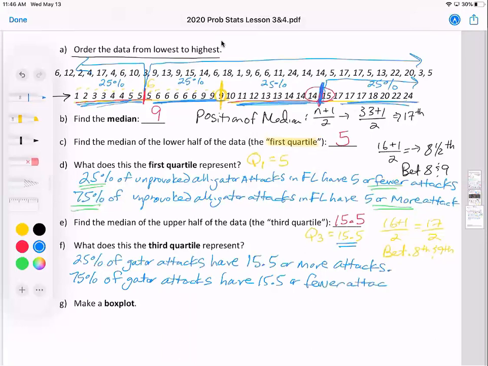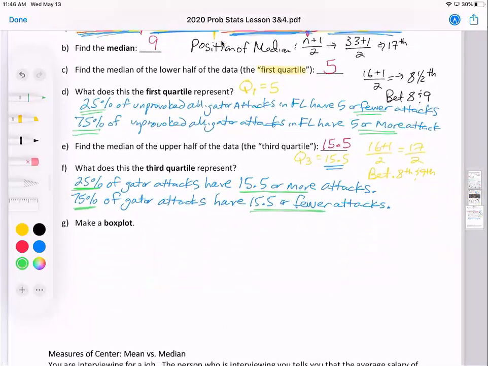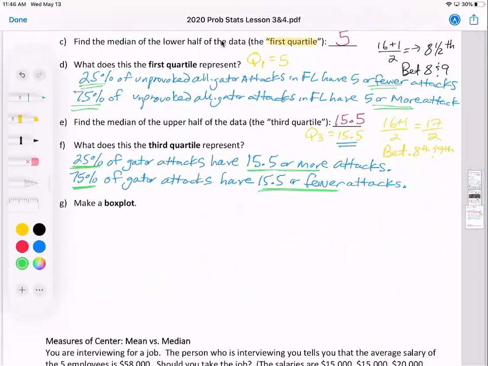Fewer for discrete and less for continuous, but that's another lesson. So we have 25% is 15.5 or more, 75% are 15.5 or fewer. So that's how we interpret the first quartile and the third quartile. Now, the reason we use quartiles is to make a box plot, and that's our graph of the day today.